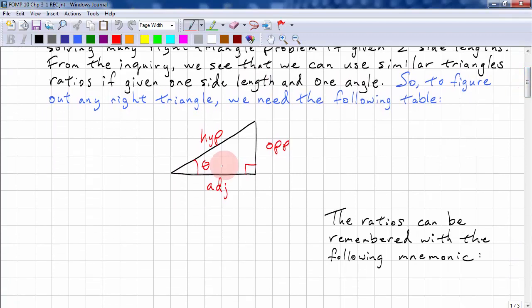And we would label the triangle as follows. We have the hypotenuse as usual, and we draw out our angle. The side that's touching this angle is called the adjacent side, and the side that's not touching the angle is called the opposite side.